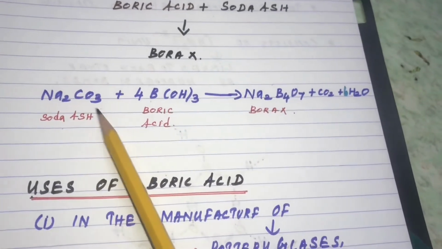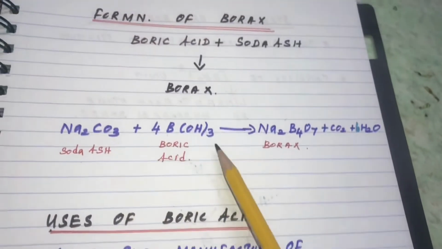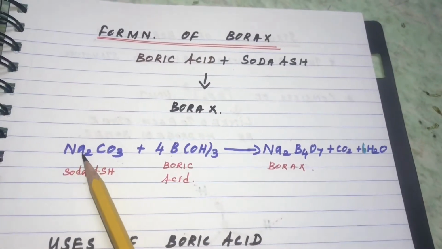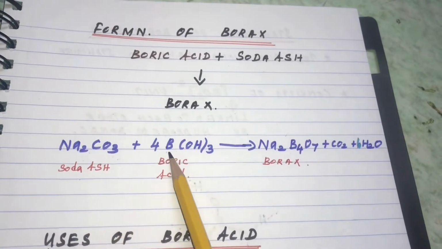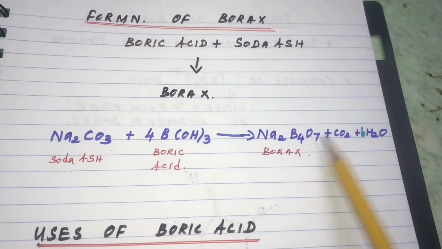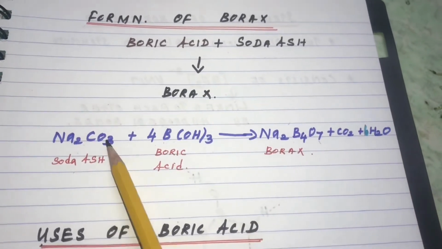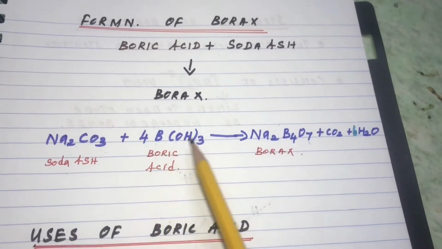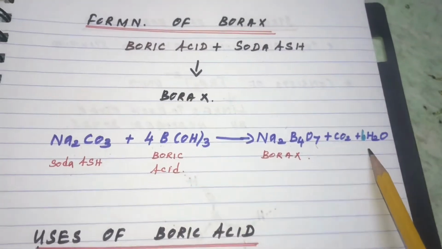Soda ash, that is sodium carbonate, when it reacts with 4 molecules of boric acid, gives Na2B4O7 plus carbon dioxide and 6H2O.